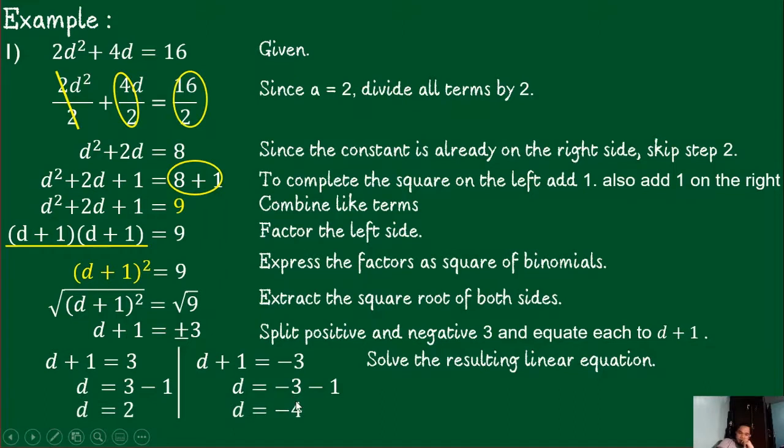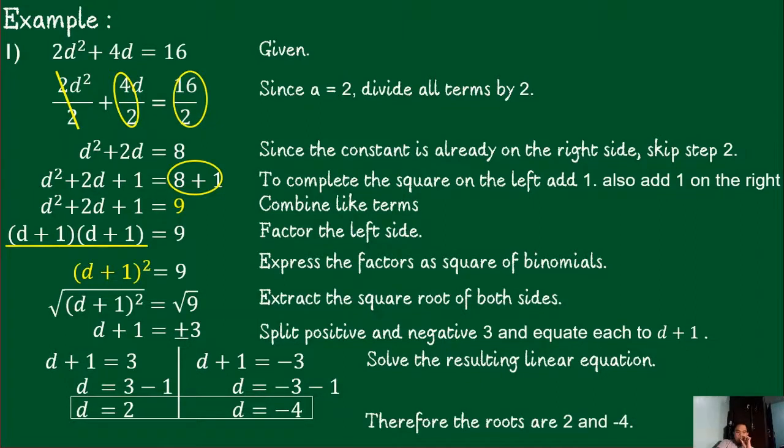And negative 3 minus 1, since they are both negative, pwede nating i-add ang negative 3 and negative 1, and it will give us negative 4. So therefore, the roots of the quadratic equation 2d squared plus 4d equals 16 are 2 and negative 4.